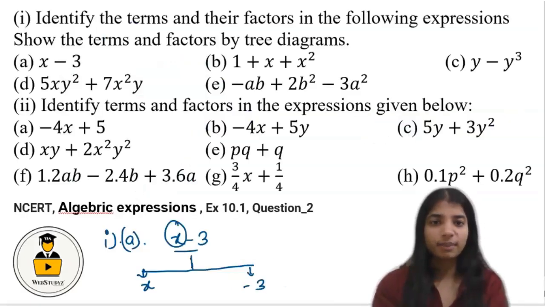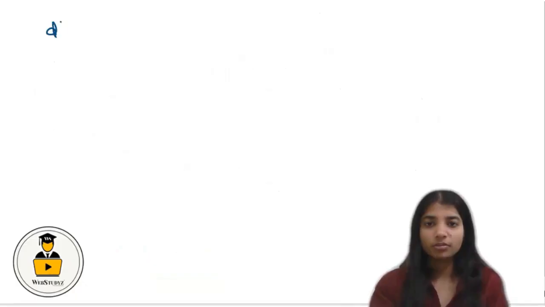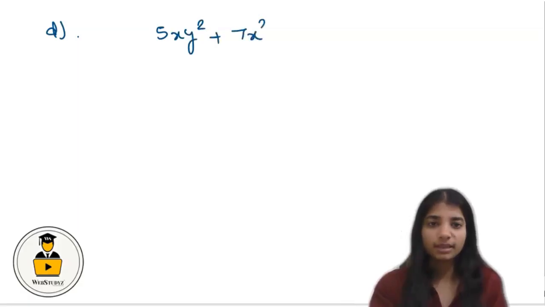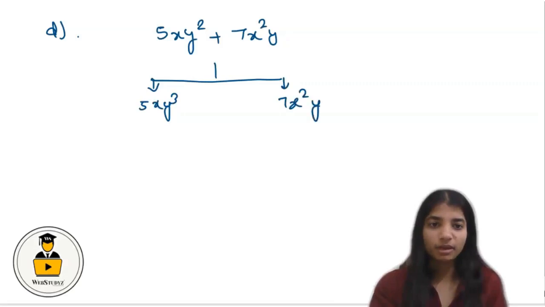Now let's discuss part D. Part D is 5 of x y raised to the power 2 plus 7 of x raised to the power 2 y. In tree expression this is written as 5 of x y raised to the power 2, and 7 of x raised to the power 2 y.